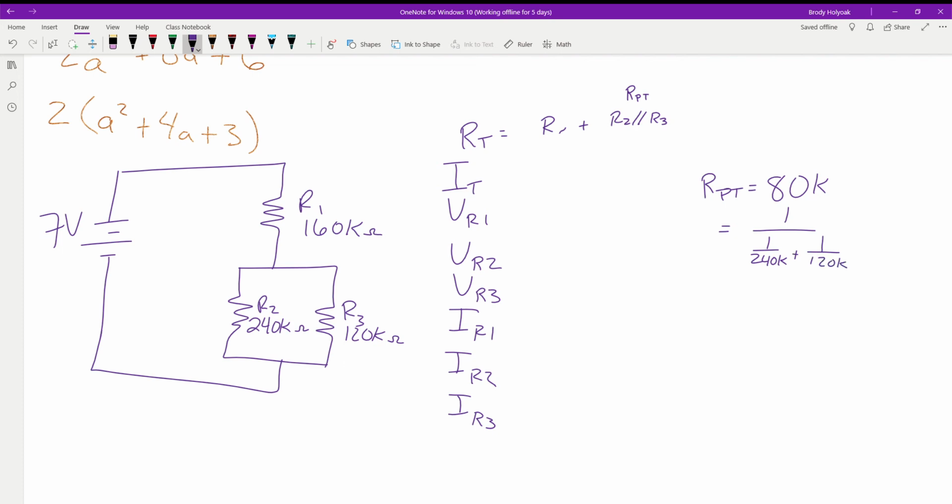So you can always use the reciprocal method. One of the few options you can do is use the product over the sum because we have two branches.